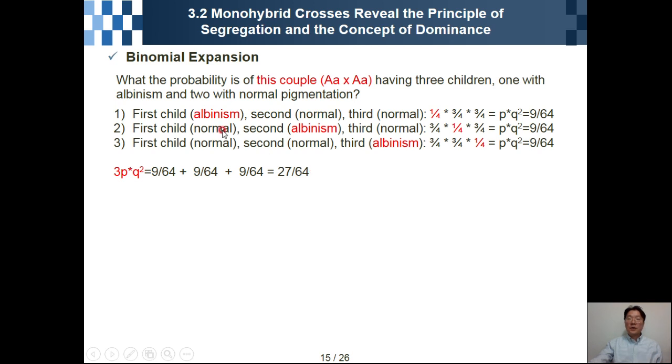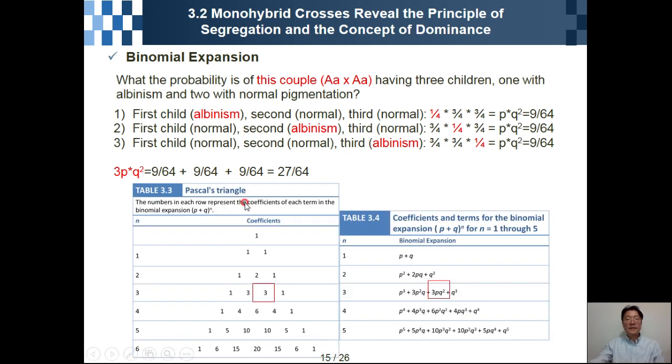So we can solve it like this, but we did not use the binomial expansion. If we use the binomial expansion, it will be simpler. The binomial expansion means (p plus q) to the power n. Here n is 3, because they will have 3 children.